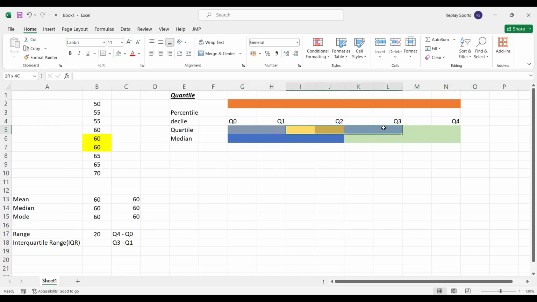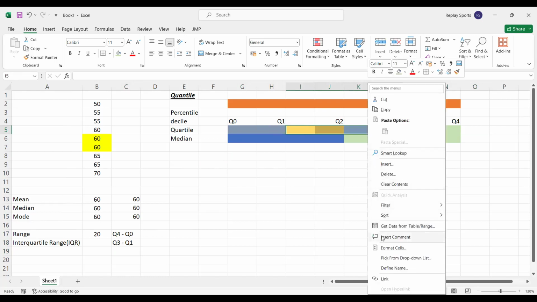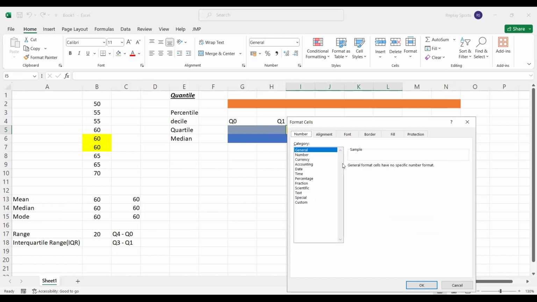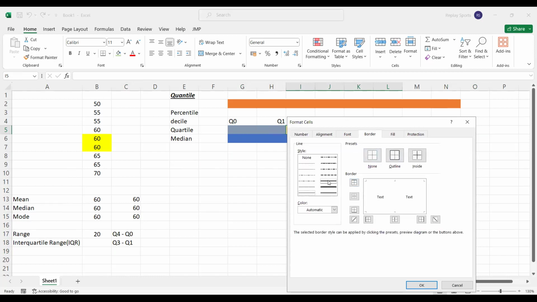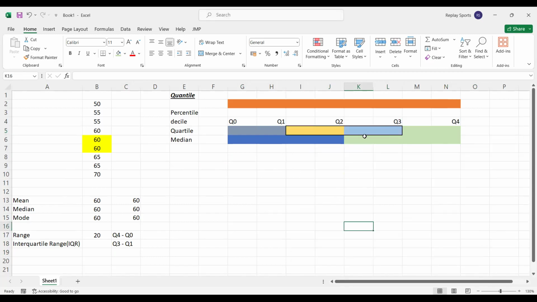So you're finding range of middle 50% of the data, right? If you remove data from here, if you remove data from here, then Q3 becomes highest, Q1 becomes the lowest. So Q3 minus Q1 is your interquartile range.